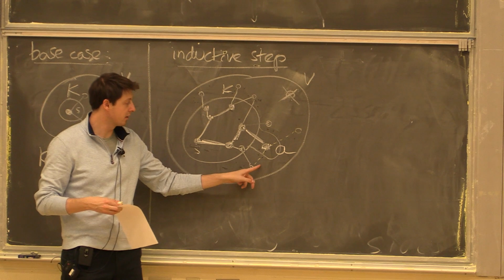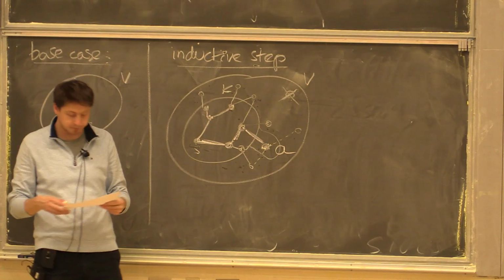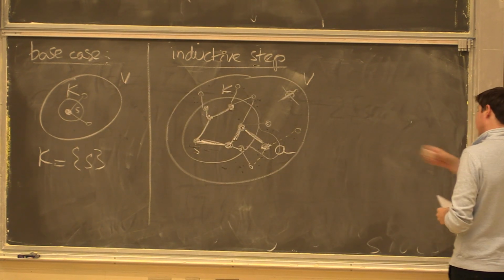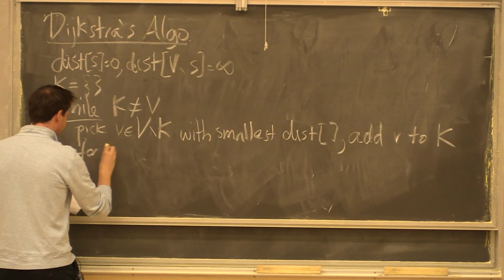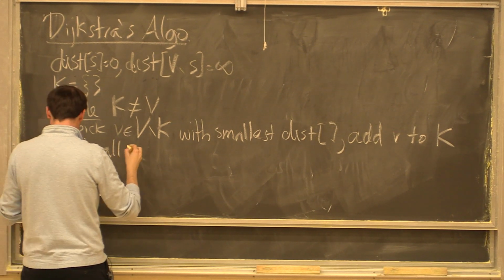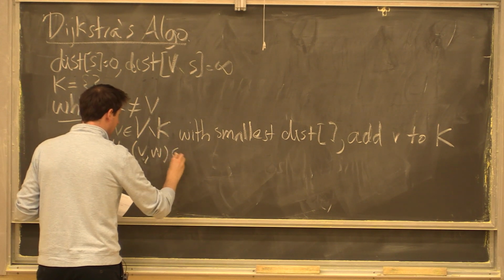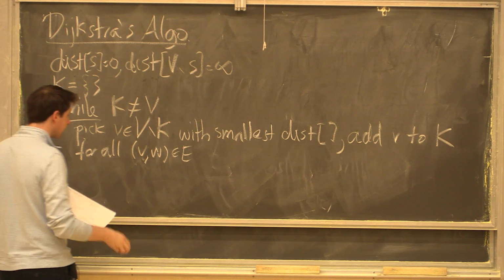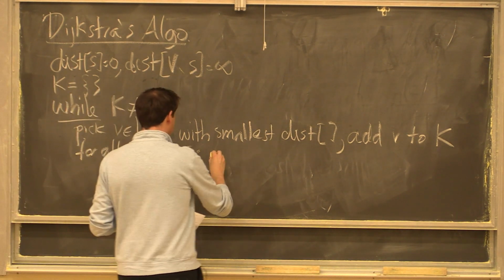If this is a worse path, then we're not going to substitute it, right? So that's why after this line, we should be doing precisely that. We're going to say, for all outgoing edges from V, the vertex we just added to the known region, we are going to make a comparison.